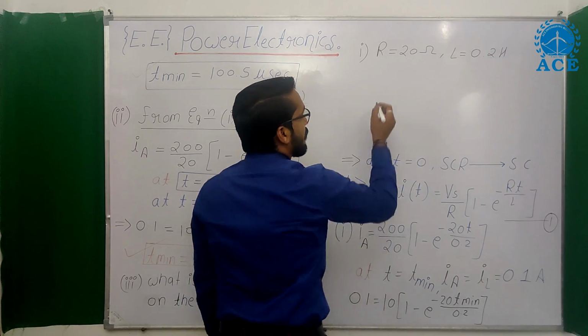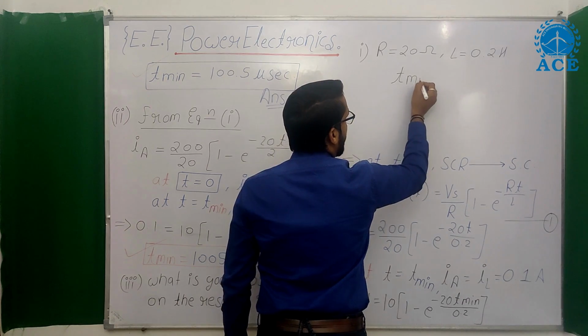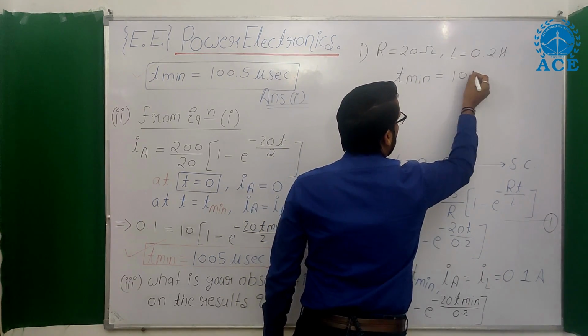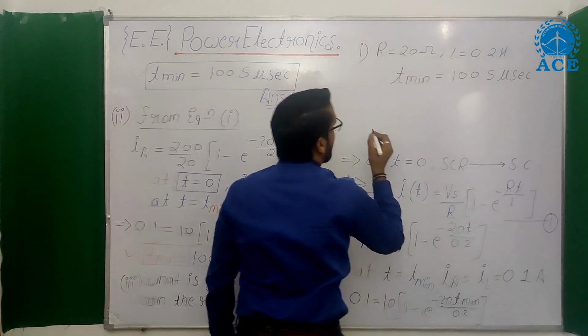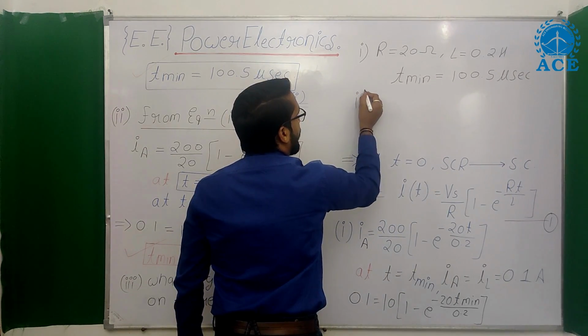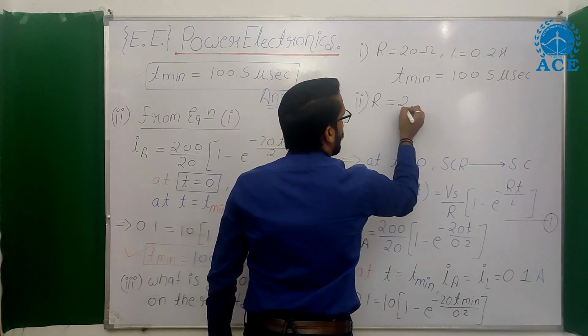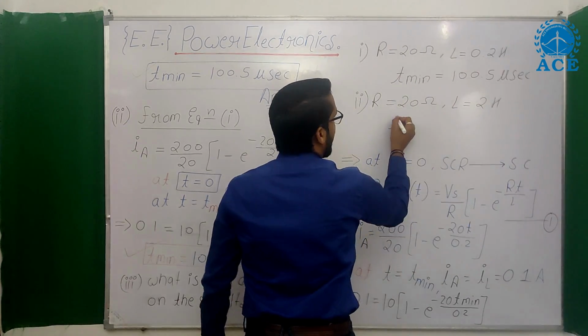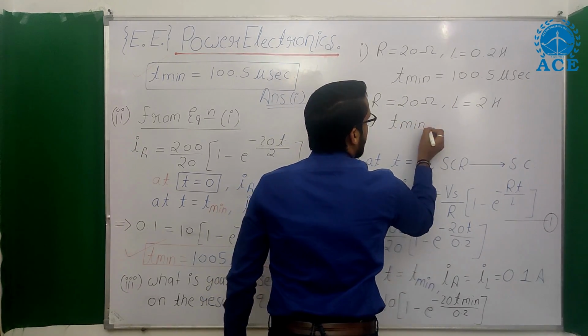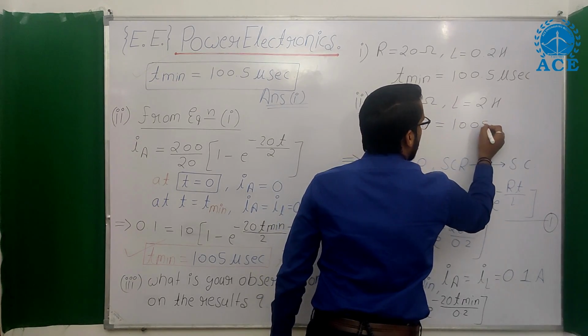At that time, the calculated t minimum was 100.5 microsecond. In the second bit, R is 20 ohm, L is 2 Henry, and the calculated t minimum is 1005 microsecond.